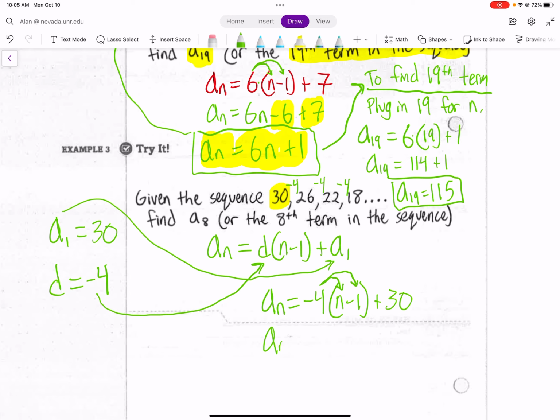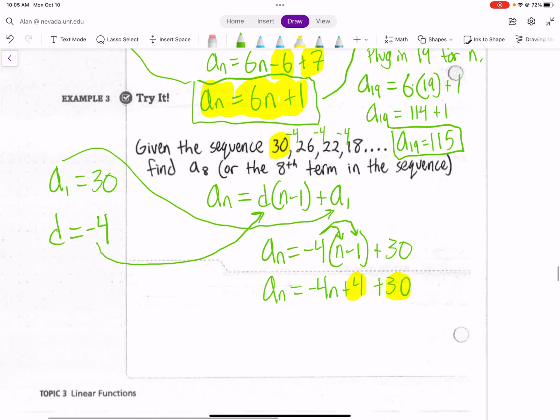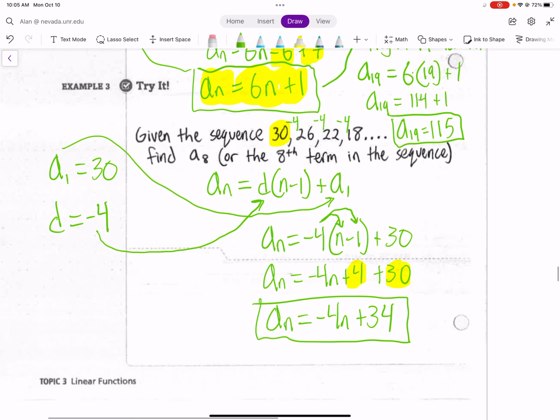So we get a sub n equals negative 4n plus 4, and we attach that plus 30. Now we're at the point where we can combine like terms. I have a positive 4 and a positive 30 to combine because they are constants. So we are left with a sub n equals negative 4n plus 34.